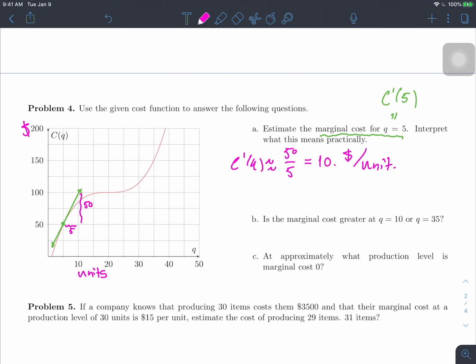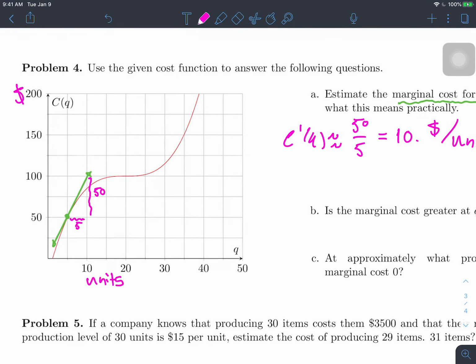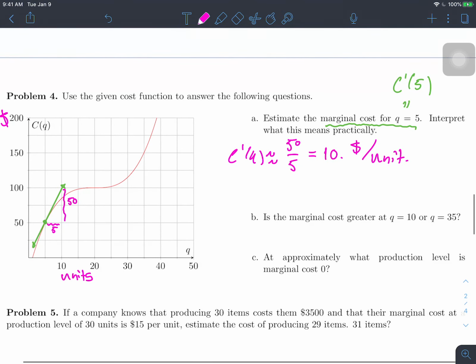In terms of my actual business model, the fact that my marginal cost is positive means increasing production from 5 units increases my cost at a rate of $10 per unit. Okay, that's what's going on.